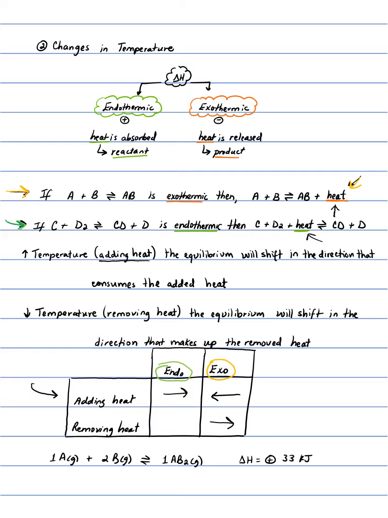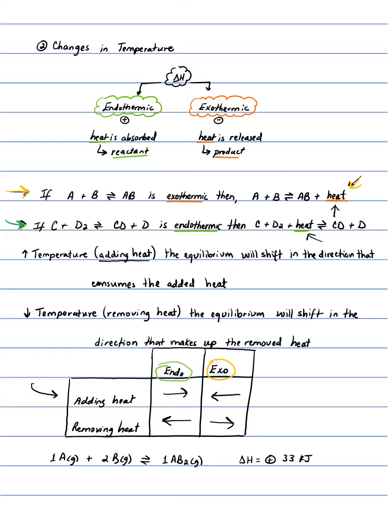So if you're taking away heat from an endothermic reaction, it means that you're taking away heat from the reactant side, and the equilibrium will be shifted towards the reactants to make up more of that heat that we're taking away.